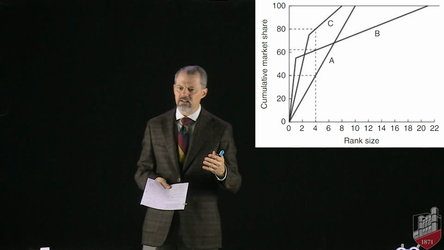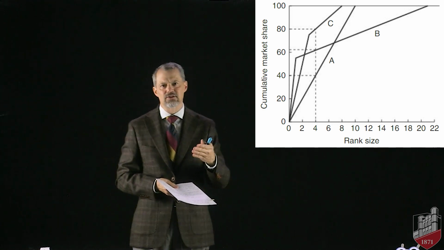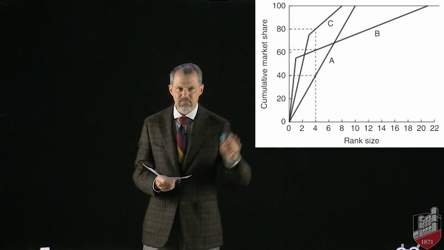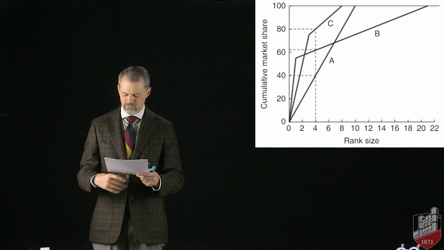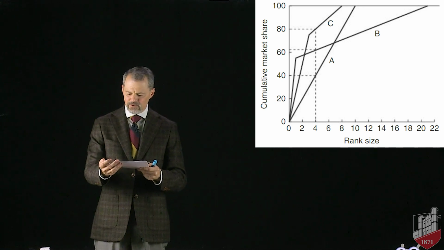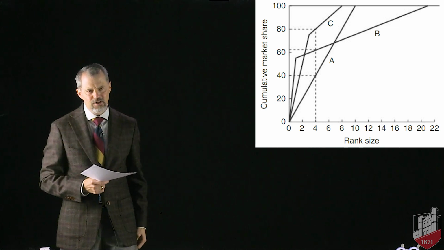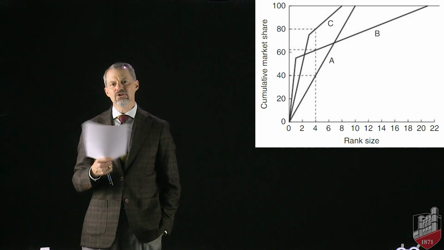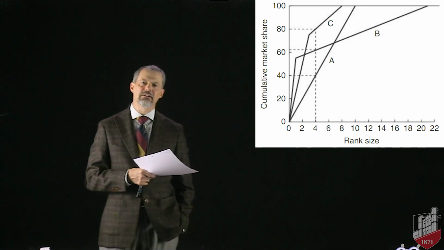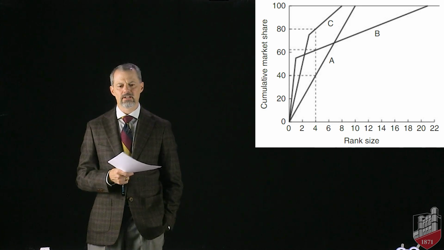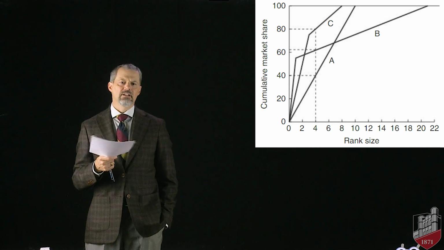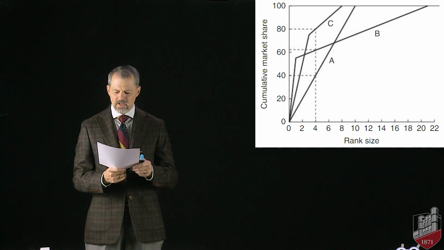It's essentially like a cumulative density function in statistics. So I've got a picture here of 3 different markets where we've got a different number of firms, each with a different market share. And you can see the concentration curve.